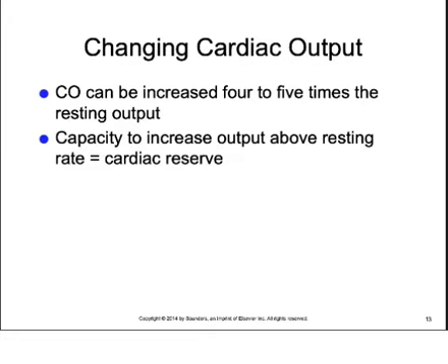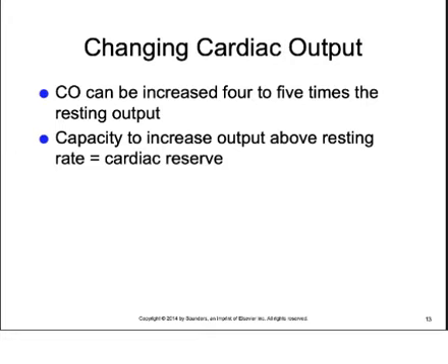So cardiac output can be increased 4 to 5 times over the resting output, and we remember that that's called the cardiac reserve. The cardiac reserve decreases as the cardiovascular fitness declines, and one of the reasons for that, we're going to find out, is that usually in people that don't have good cardiovascular fitness, a factor called the afterload comes into play.